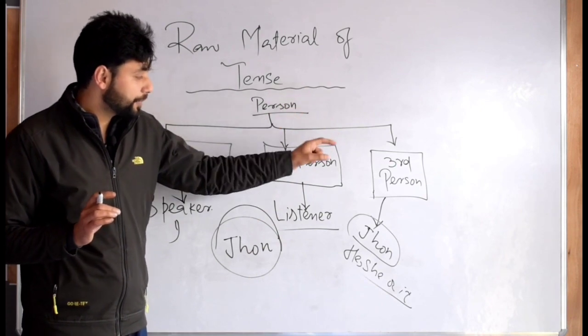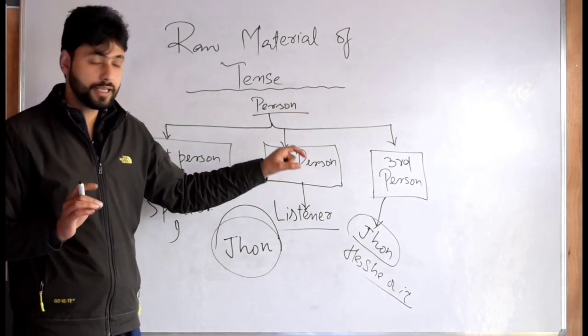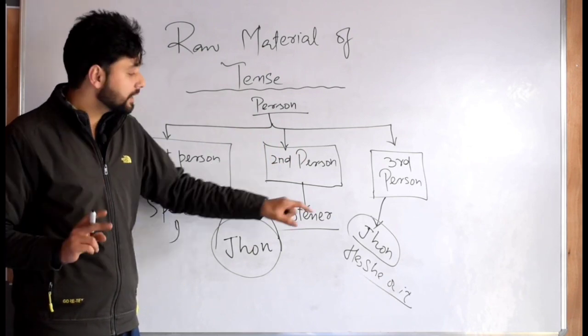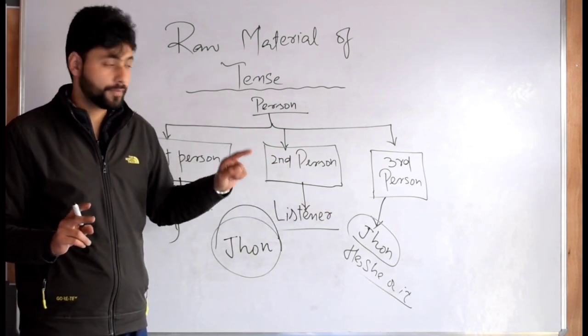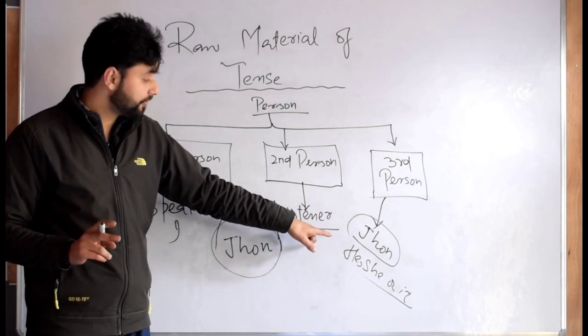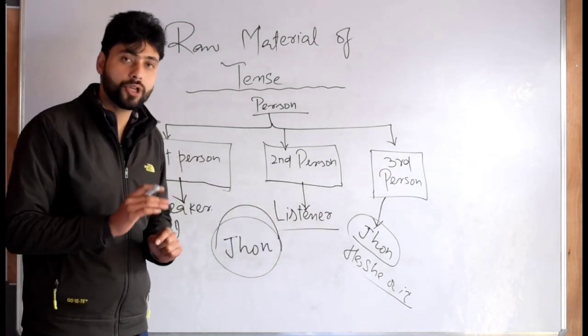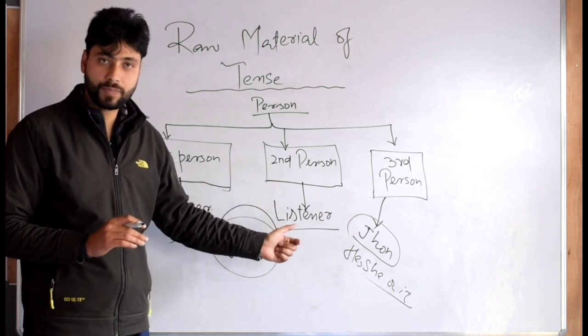If the third person in case of noun is John or anybody's name, only one name, then it is singular. In case of pronoun, if there is he, she, or it, then it is also singular.